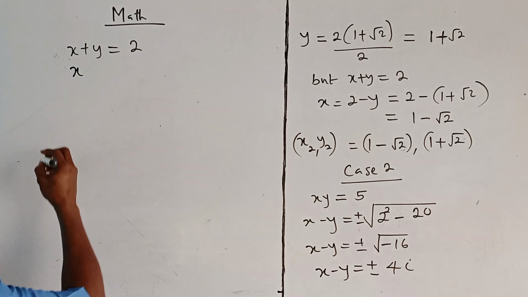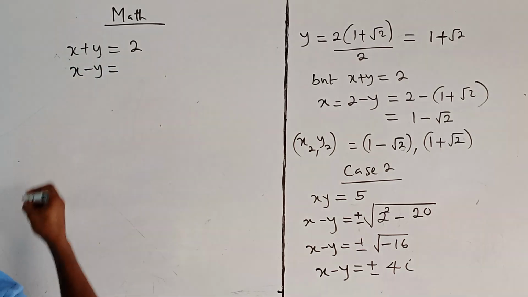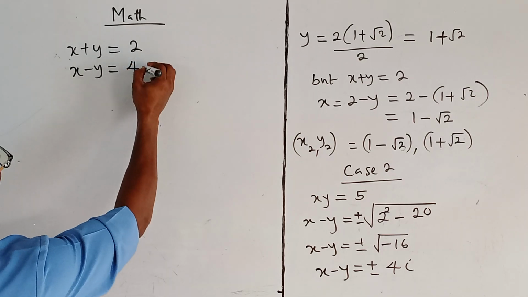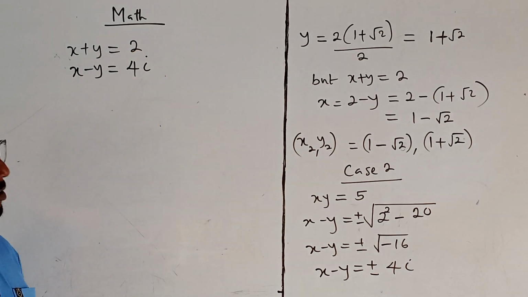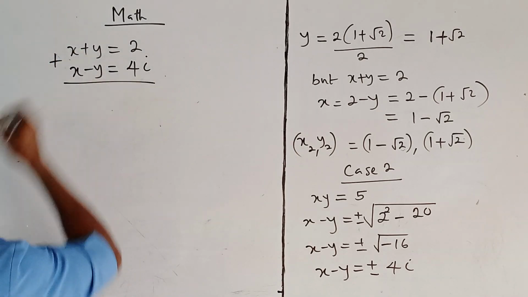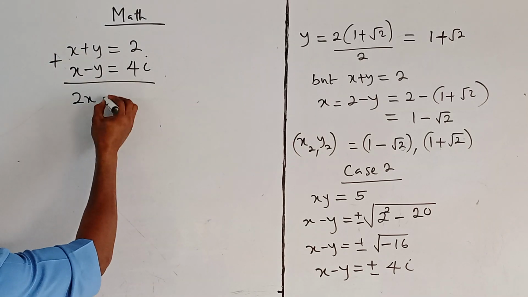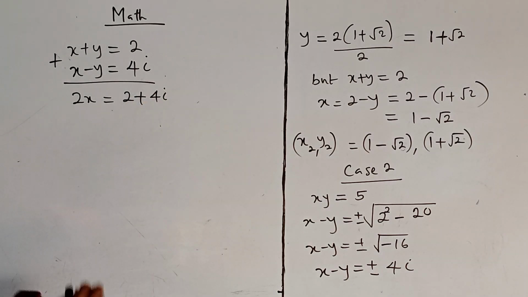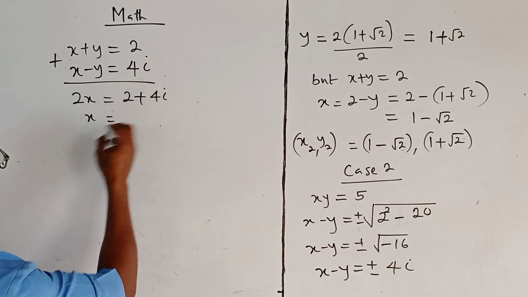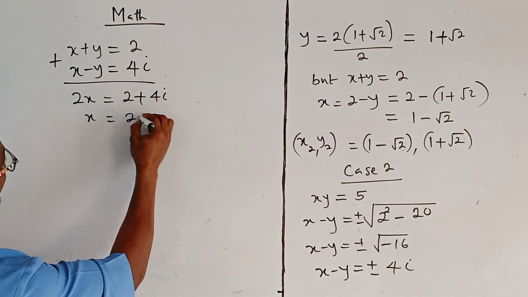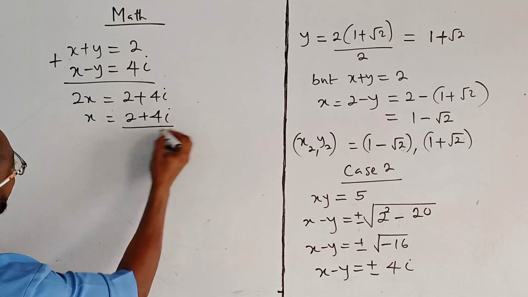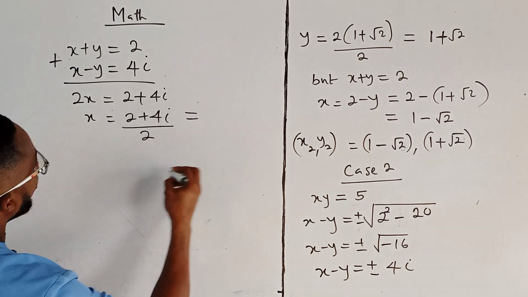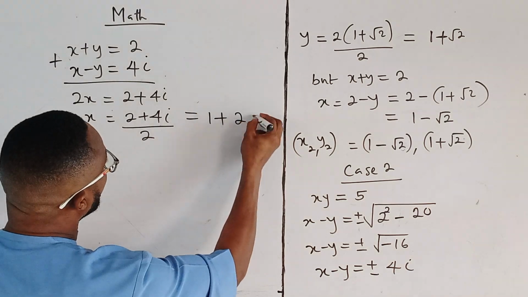So s minus y would be 4 iota. I will add, so this gives 2s equal to 2 plus 4 iota. If I divide both sides by 2, I'll have s equal to (2 plus 4 iota) divided by 2, which gives 1 plus 2 iota.